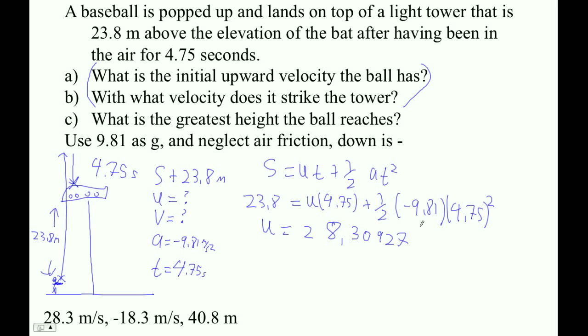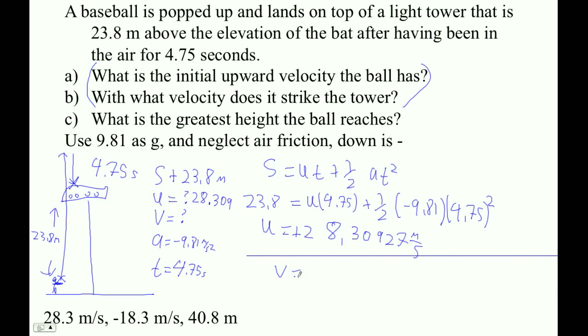That's got to be enough sig figs to carry along, right? And it's positive, right? This formula actually gives us a correct number. So how many sig figs do we have? We have 3. I'm going to say 28.3 meters per second. Then it says, with what velocity does it strike the tower?